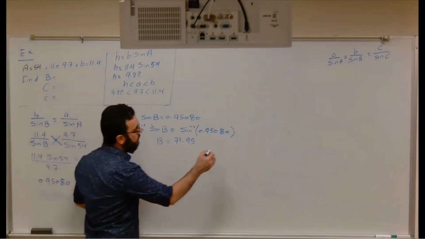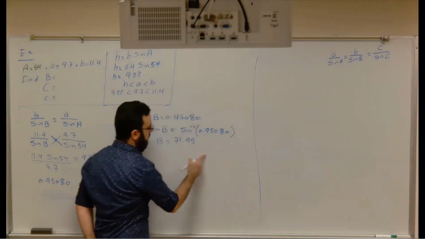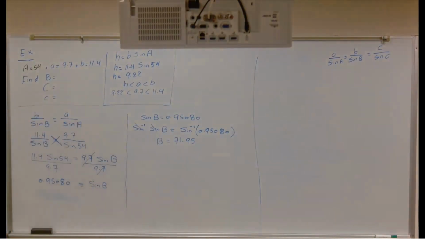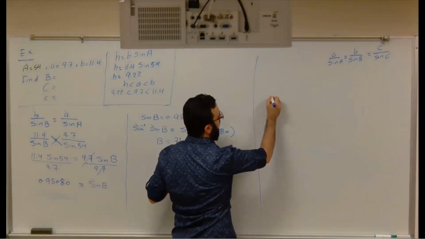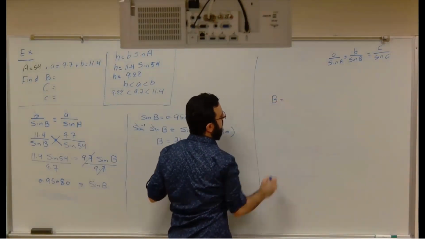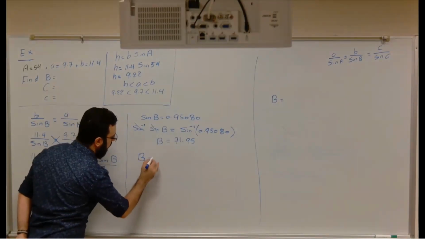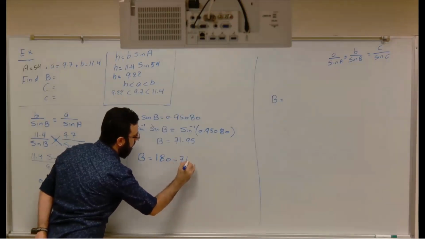So I'm gonna keep this one on the side. Here is my first possible. I need to find the second one. How am I gonna find the second one? I'm gonna say 180, the second B is going to be 180 minus 71.95.